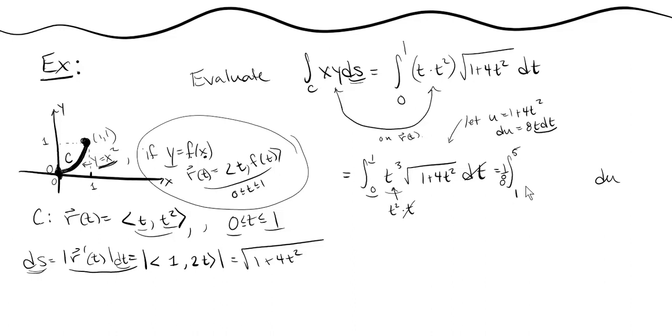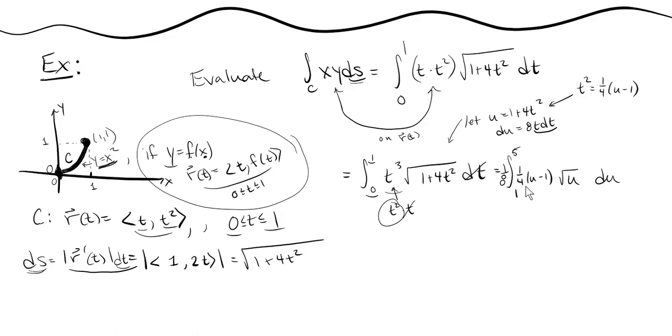Now what do we have left? Root of 1 plus 4t squared, that's just root of our u value. We've got this t squared left. That's not too bad. From here I can solve for t squared. It looks like (u minus 1) over 4. I believe that's t squared. Check me there.